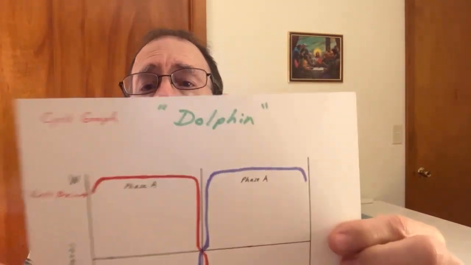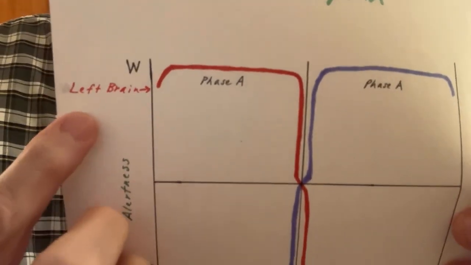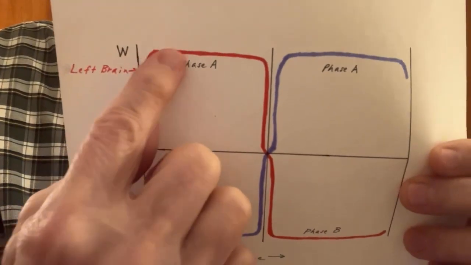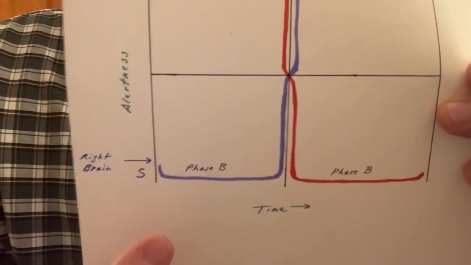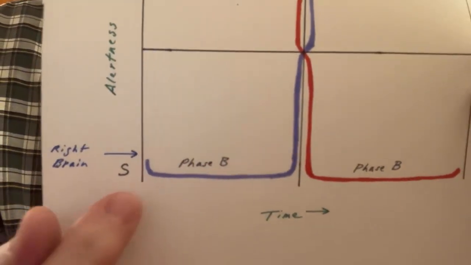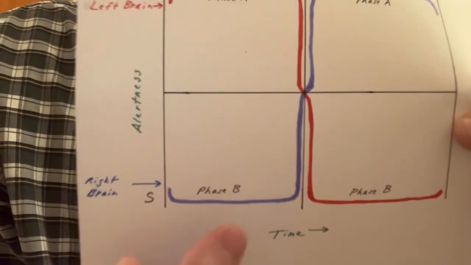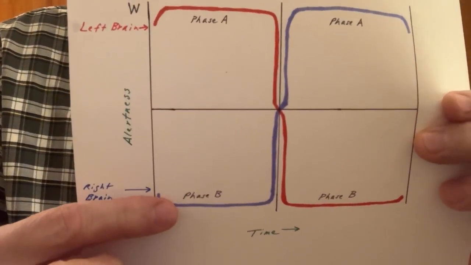So what you have then is the left brain is awake. The left brain is awake, and simultaneously, while the left brain is awake, the right brain is sleeping. You have two different phases, waking and sleeping.